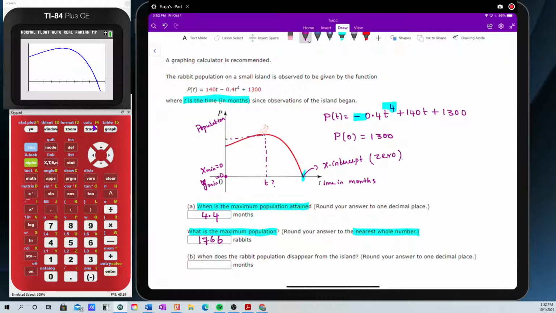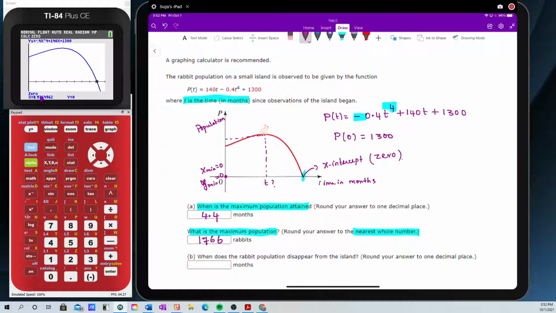So I go second calc, 0, enter, left bound, just bring it close to the point you want the x-intercept, enter, enter, enter again, and that's my x value.